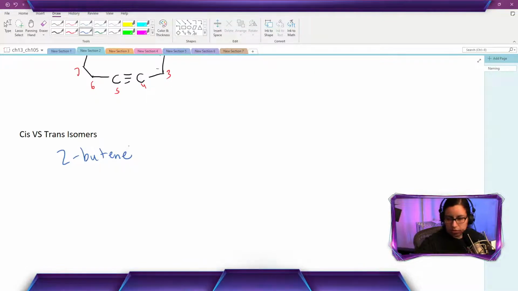So I encourage you to try to make your molecule. So let's look at it together.